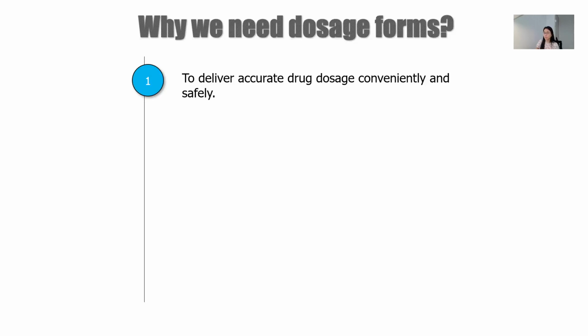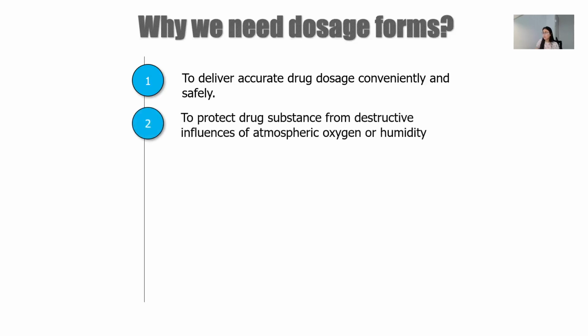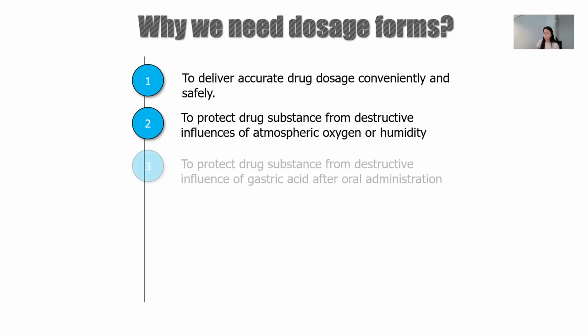Dosage form is also used to protect the substance from destructive influences of atmospheric oxygen or humidity. We basically want to prevent the drugs from oxidation or hydrolysis due to the atmospheric oxygen and the humidity in the environment.